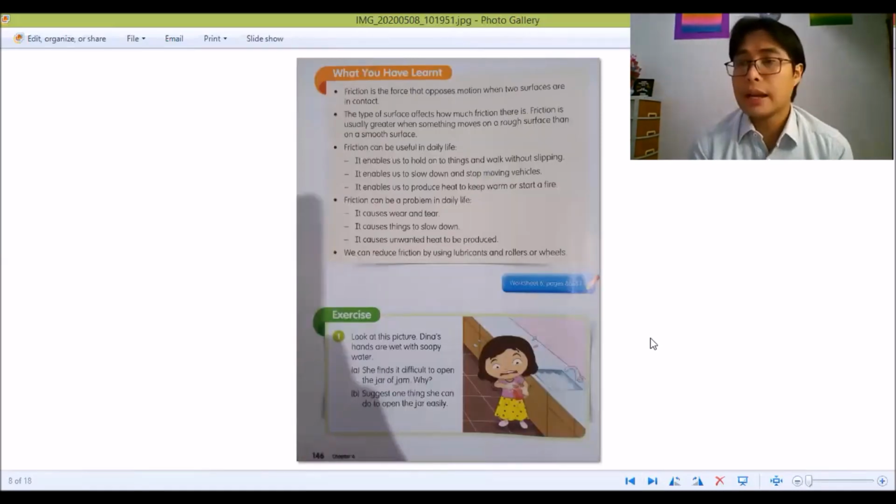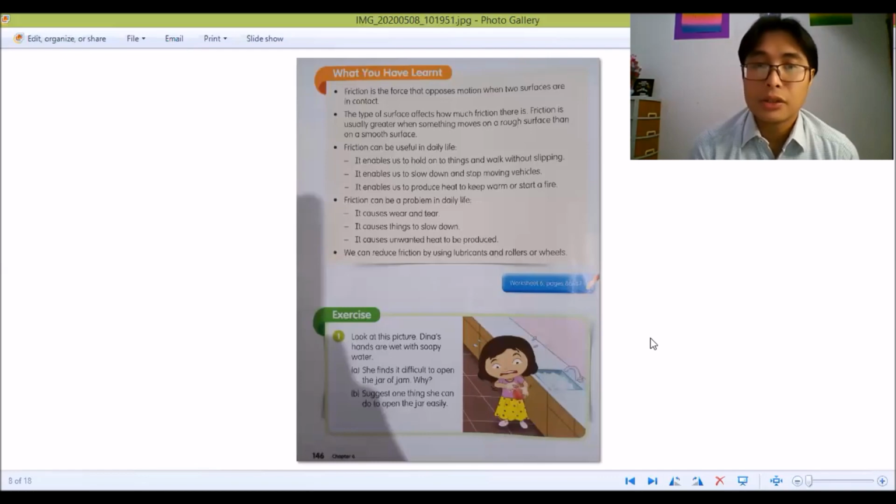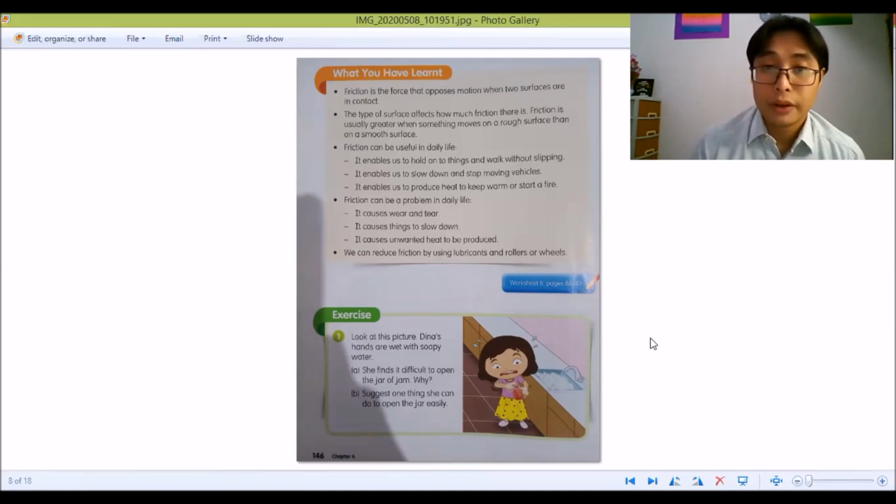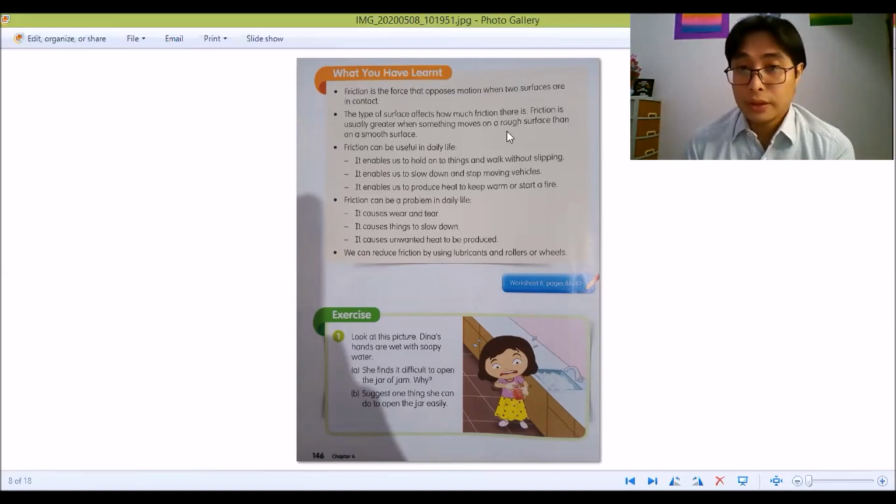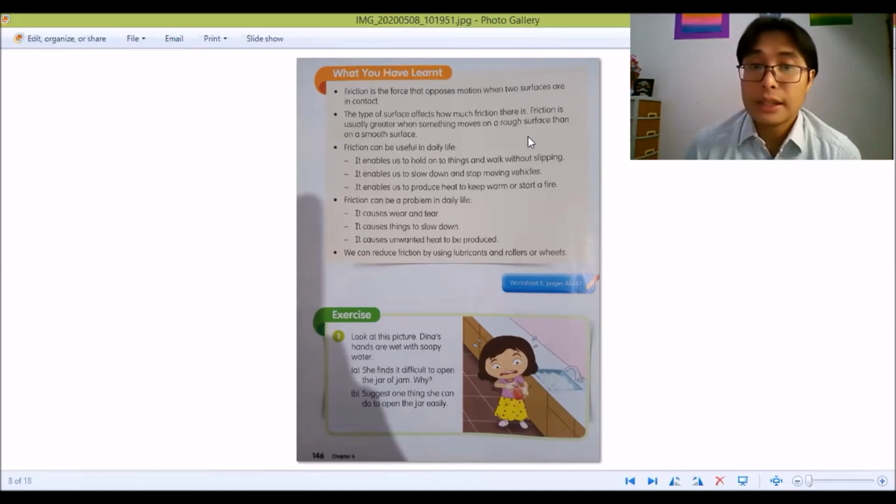So what have we learned in this lesson? First, friction is the force that opposes motion when two surfaces are in contact. The type of surface affects how much friction there is. Friction is usually greater when something moves on a rough surface than on a smooth surface.